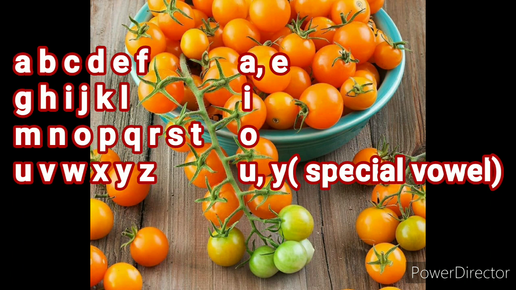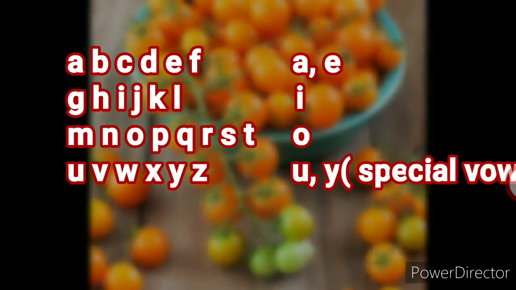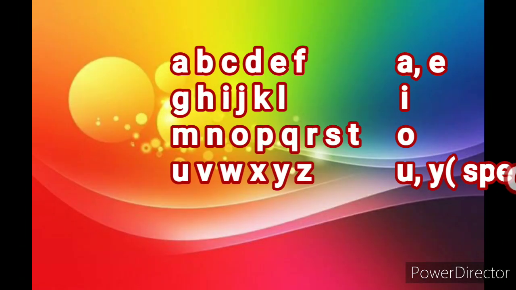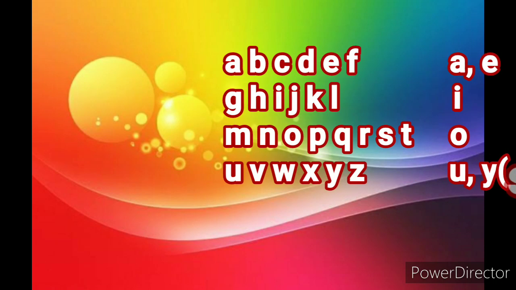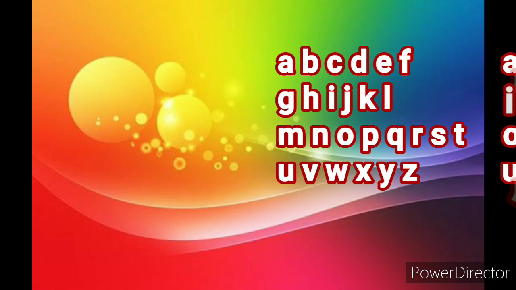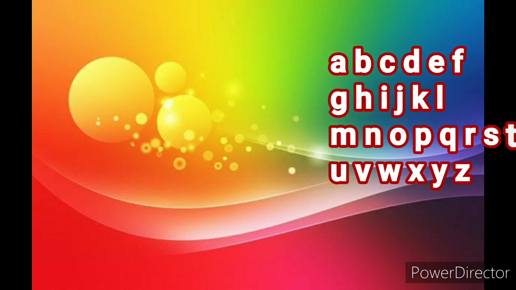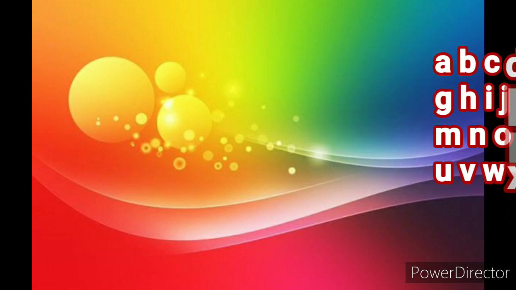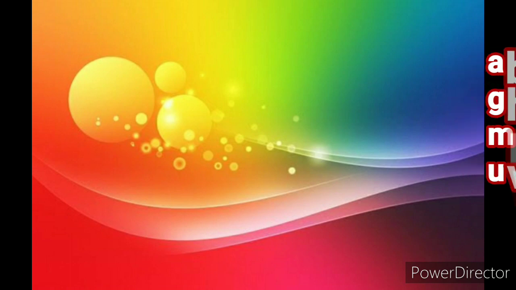And at last Z is a consonant. So here Y is the special vowel. We'll talk about this later. And there are 26 letters in the alphabet we saw just now, with 5 main vowels, 1 special vowel, and the rest are consonants.